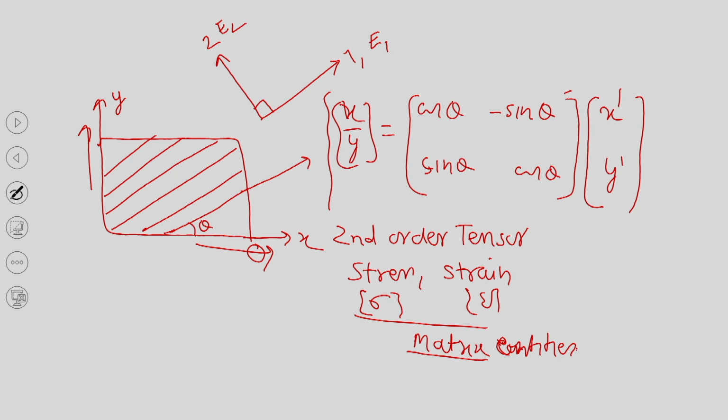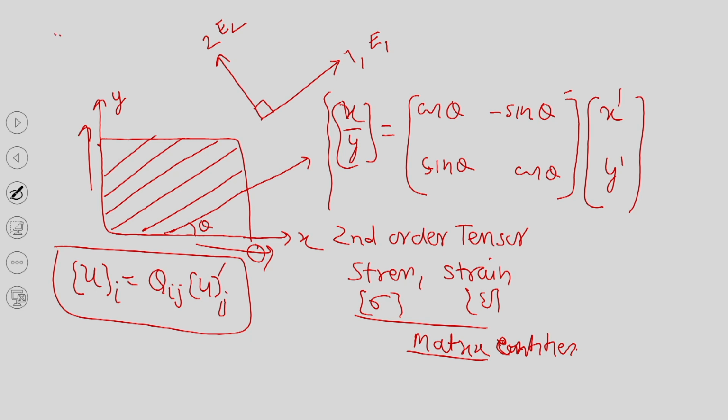For a vector, any vector u can be transformed as u_i equals Q_ij u_j, and we can call the rotated one u dash.